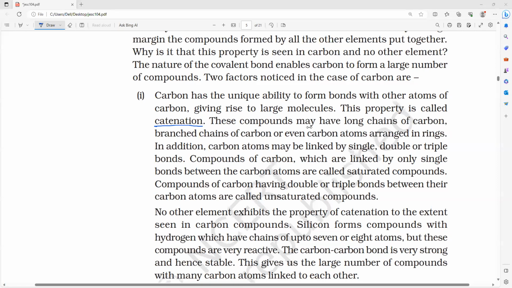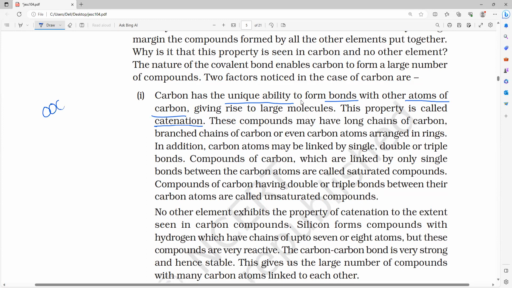Of course, some other elements will show it, but not like carbon. What is the name of the property, everybody? Catenation. Carbon has the unique ability to form bonds with other carbon atoms, giving large molecules.